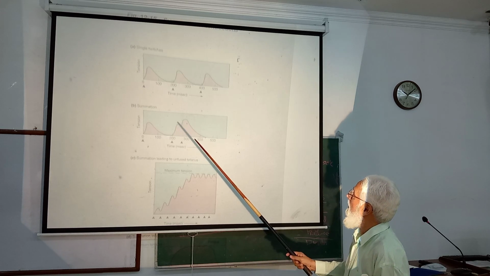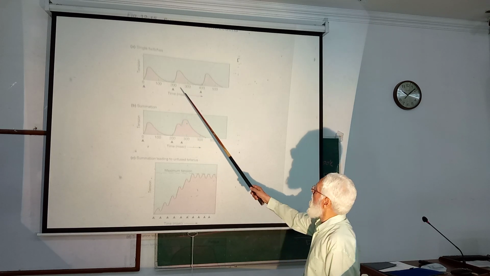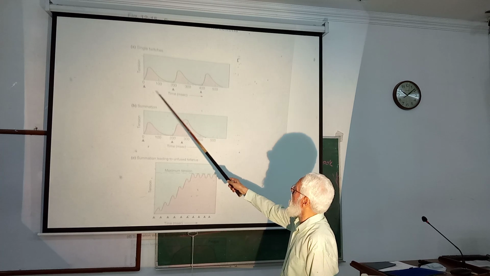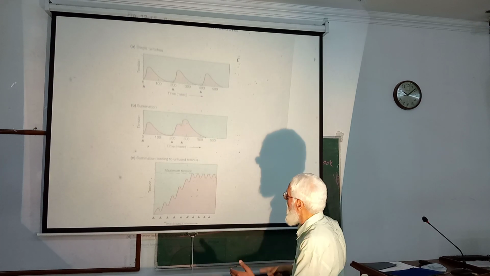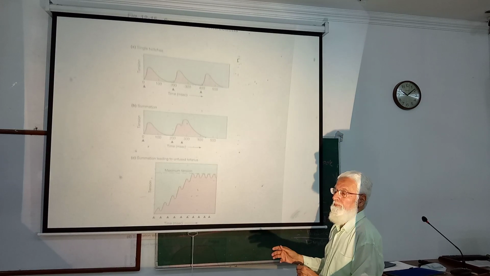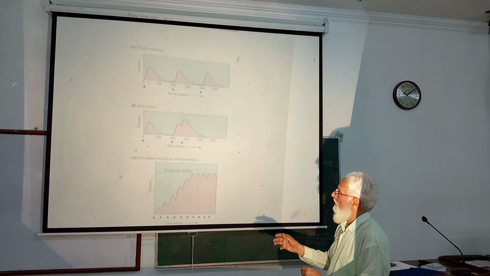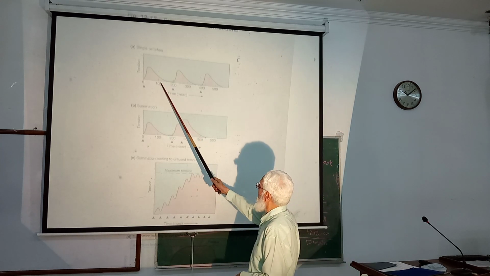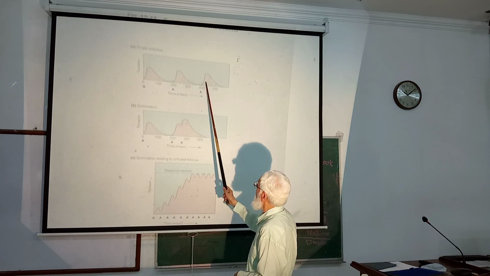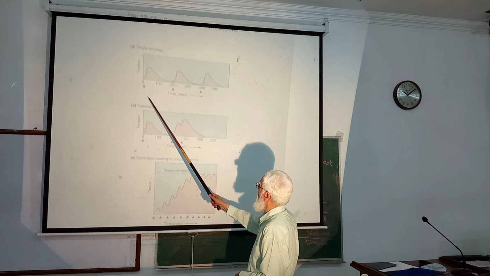You see, these are single muscle twitches. The muscle is stimulated repeatedly, and this results in individual single muscle twitches.